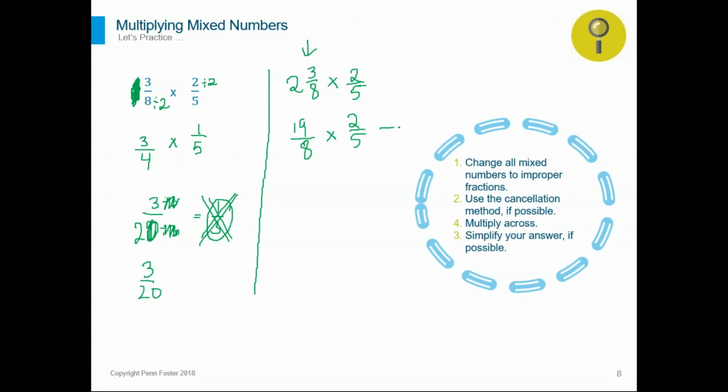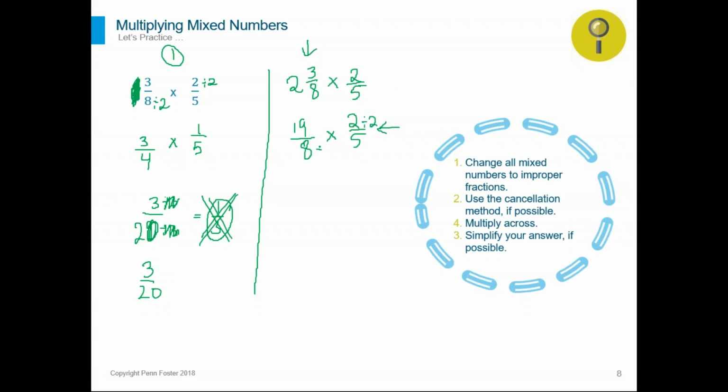Once we have this step there, you look at it and they are only fractions with no mixed numbers, then we're just going to repeat what we just did with the first question here, which is basically applying the cancellation method. And again, 2 and 8 are numbers with common factors.